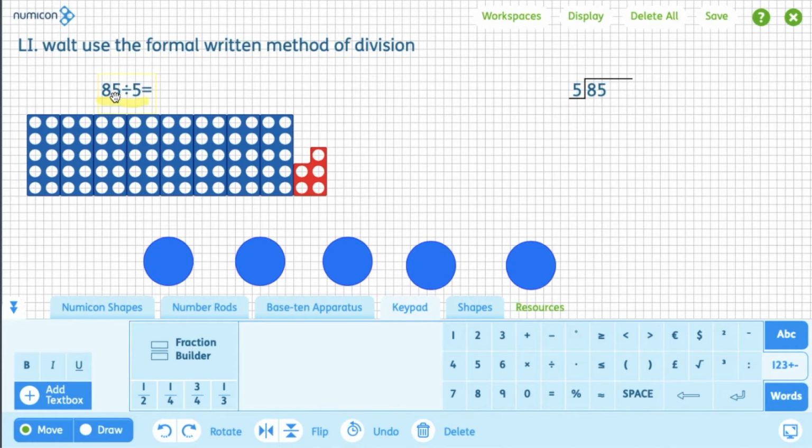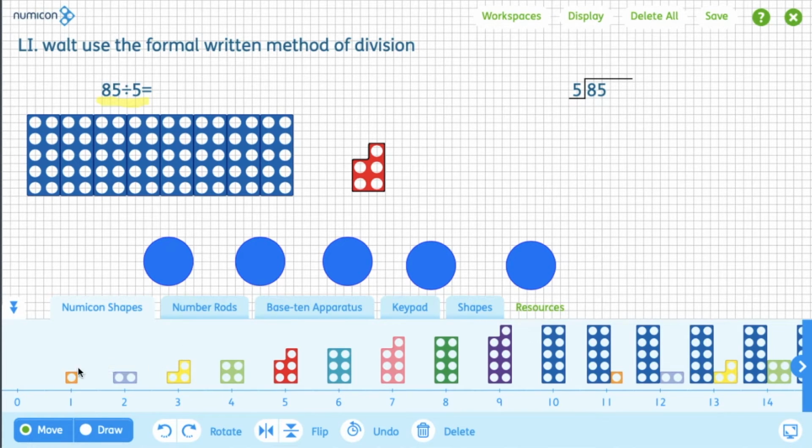If I look at how many 5s go into 5 first, I would be splitting this 5 into these 5 circles, and I'd swap out my 5 shape for these 5 ones.